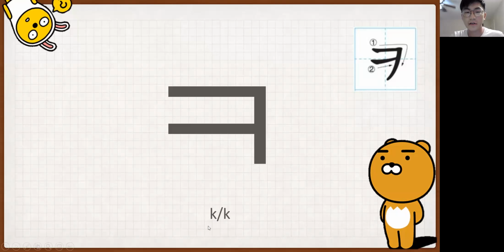So this makes a K sound, like the Korean last name Kim. That's the sound they will make. So K. Kieuk. It makes the K sound.